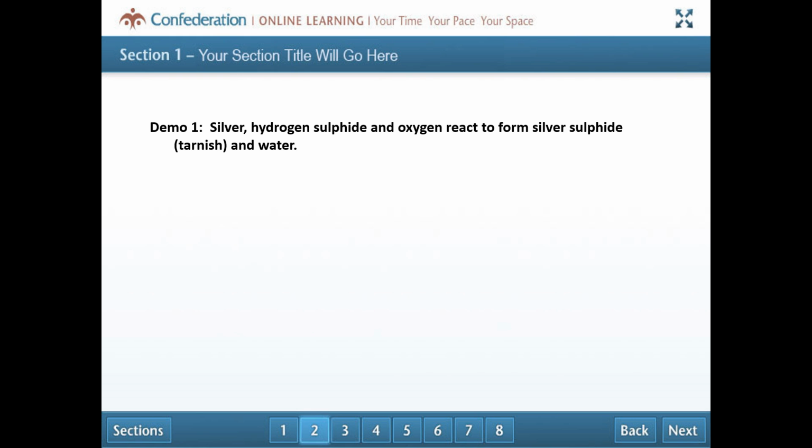You can see this plate, this is a silver plate, it's very tarnished. There's bits of black all over. To contrast, this would be what it would look like before it had tarnished. So what's happened here is the silver has reacted with hydrogen sulfide in the air and oxygen to produce this tarnish. That's an example of a color change.